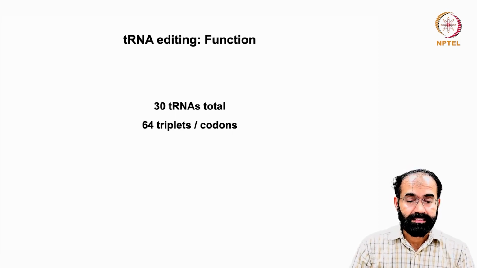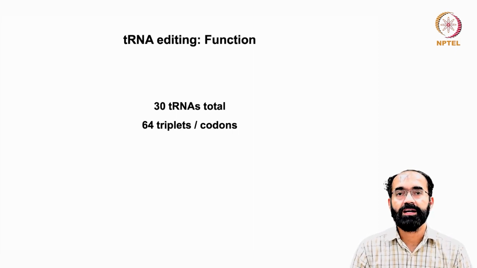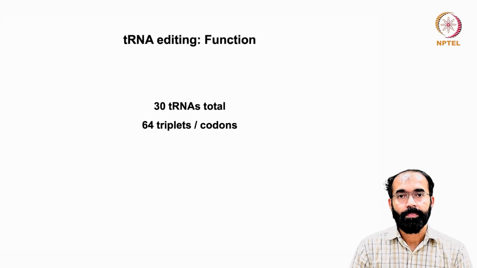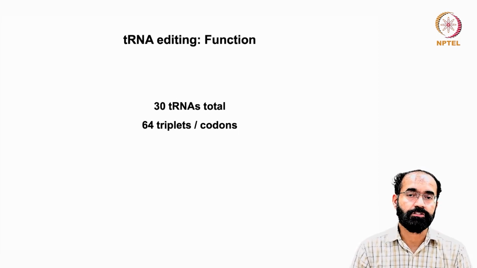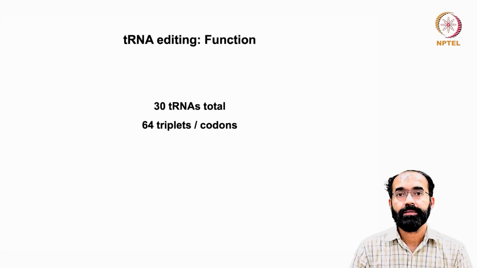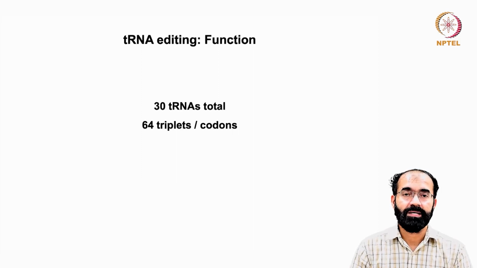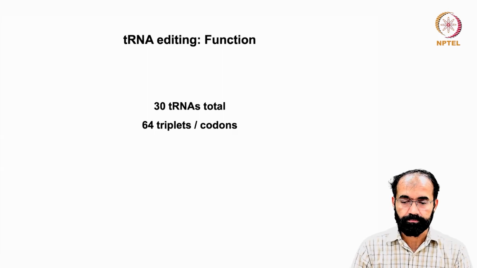So only 30 tRNAs are there. Of course, they are sufficient because we have only 20 amino acids. However, the diversity is useful because 61 codons have to be catered to by 30 tRNAs. So this editing capability allows this variation to be brought in effectively.